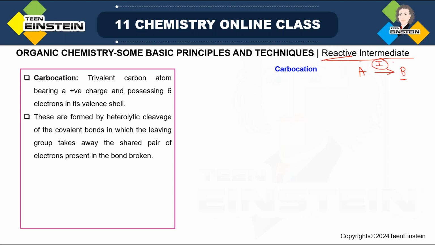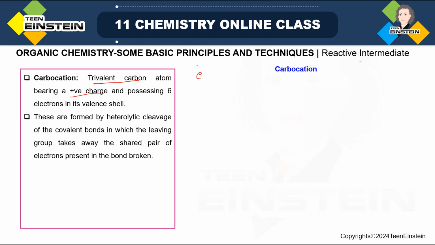Now, as a definition for carbocation, it is true there is positive charge over carbon, but there are some other features that we have to know related to carbocation. It is trivalent. Trivalent means unlike a normal, neutral carbon, where we know valence is 4, total 4 bonds will be there, but in this case it is trivalent, bearing obviously a positive charge, and the total number of electrons surrounding this carbon in the valence shell is only 6.